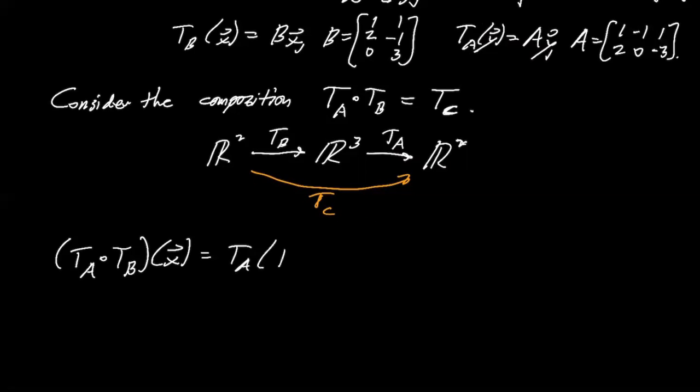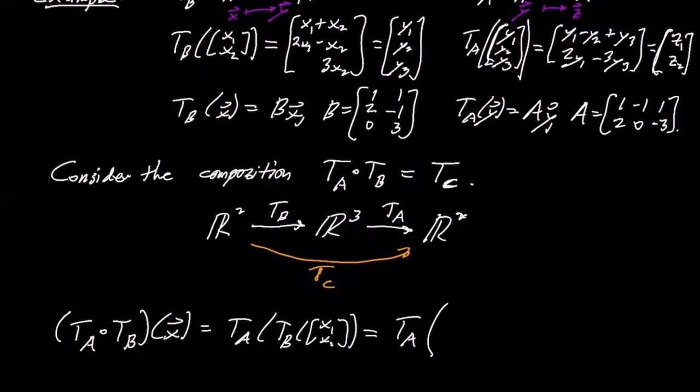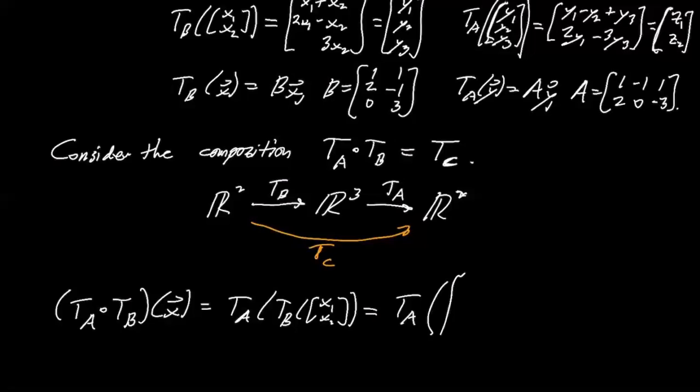that's T sub A of T sub B of x, where x is x1, x2, which is T sub A applied to this formula, because that's T sub B of x1, x2. I could copy it, but it's probably faster to just write it out: x1 plus x2, 2x1 minus x2, 3x2.